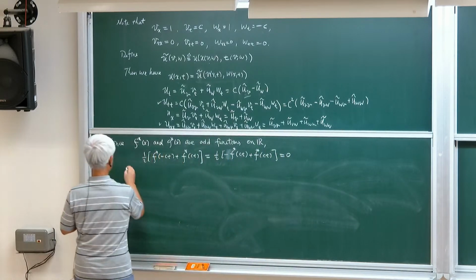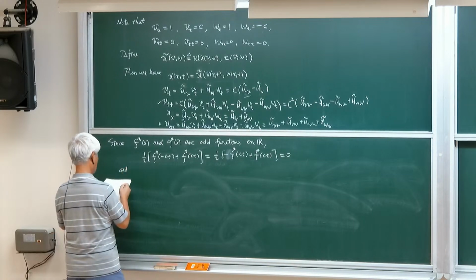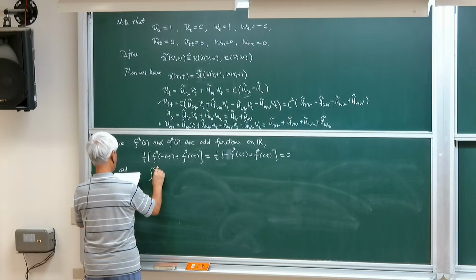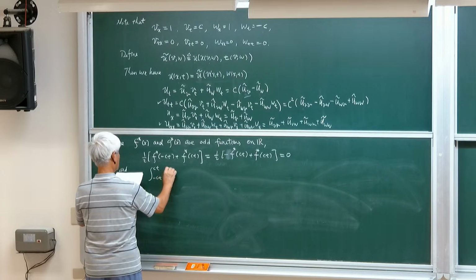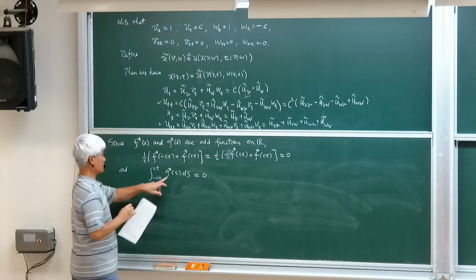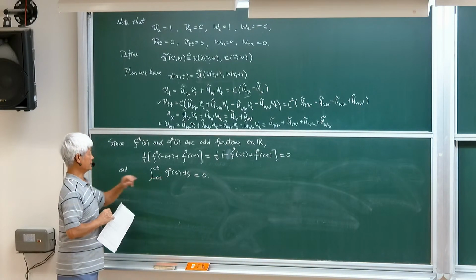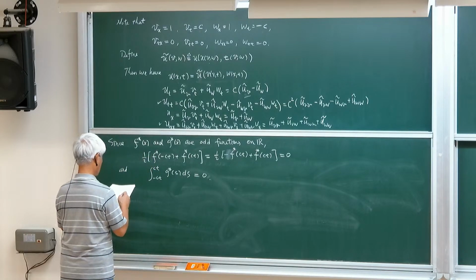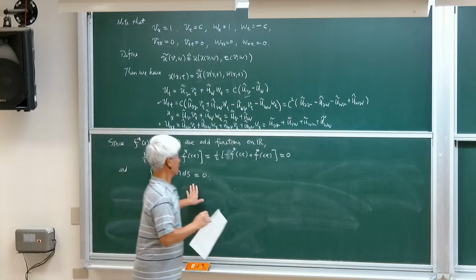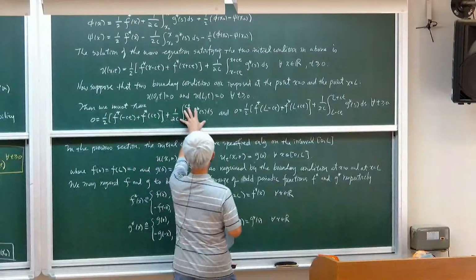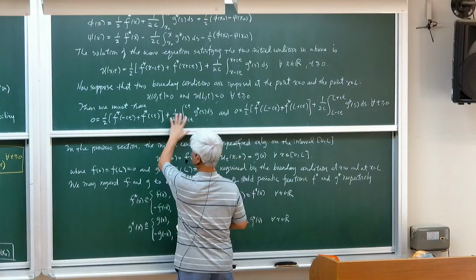And we look at the integral from minus ct to ct of g star of s ds, also 0, because g star is an odd function. So you see that this is 0 and this is 0, so the sum is 0.